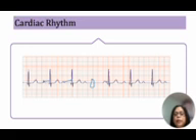Longer, longer, and even longer, and the beat drops. So how do you categorize this rhythm? This is a prolonged PR interval, then a beat that is dropped. So how do you call this rhythm? Second degree AV block type 1. Yes, that is correct.